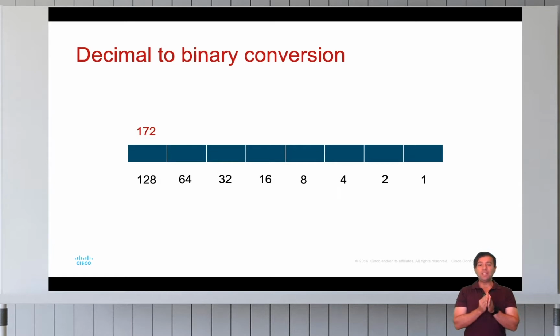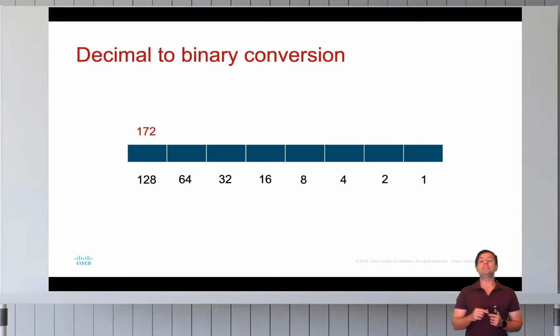So we've seen how to go from binary to decimal. It's also possible to do the reverse. So say for instance we want to go from the number 172 in decimal and we want to figure out what is its bit string or binary equivalent. So this is really easy.